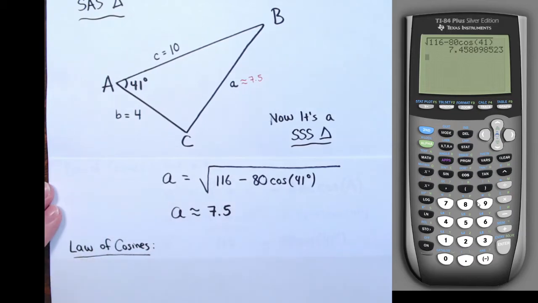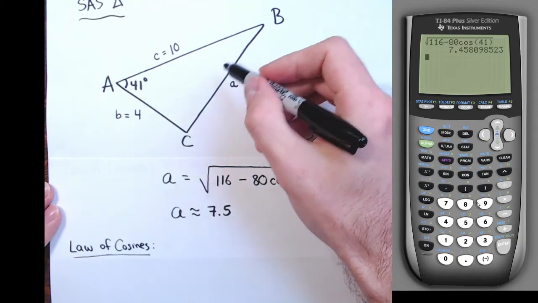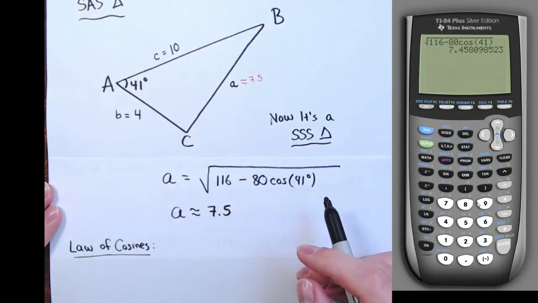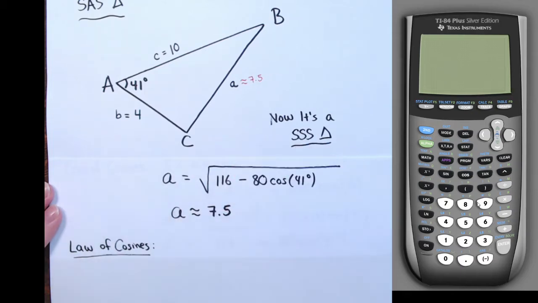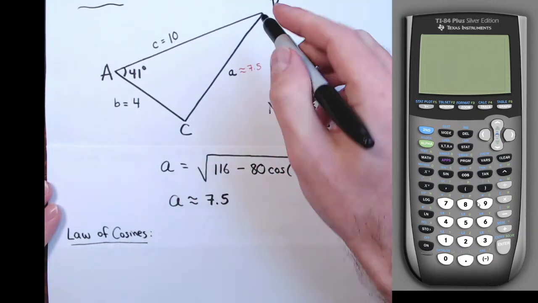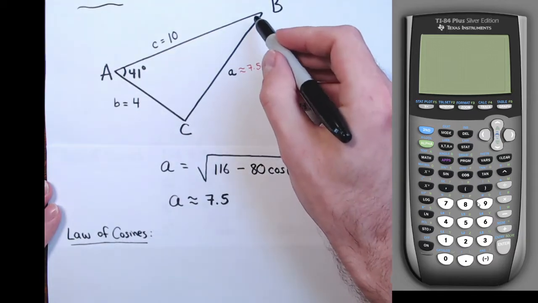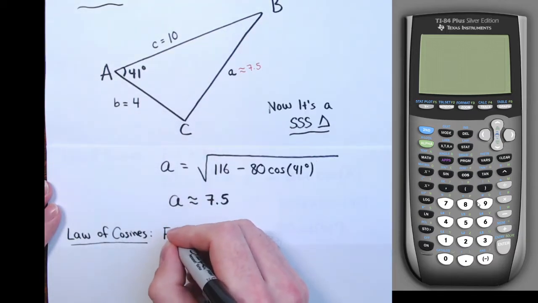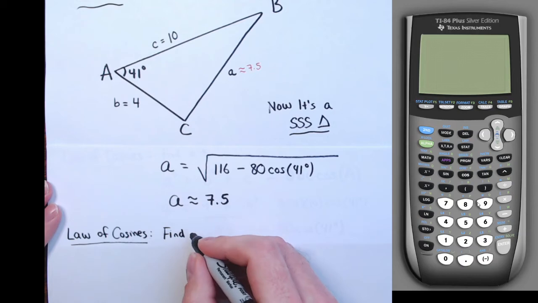Now it really doesn't matter which one with the law of cosines, because you're going to end up taking an inverse cosine to find an angle. And the inverse cosine of some input will give me some angle from 0 to 180 degrees, if you remember your inverses. So it doesn't matter which angle I find. So I'll find angle B.